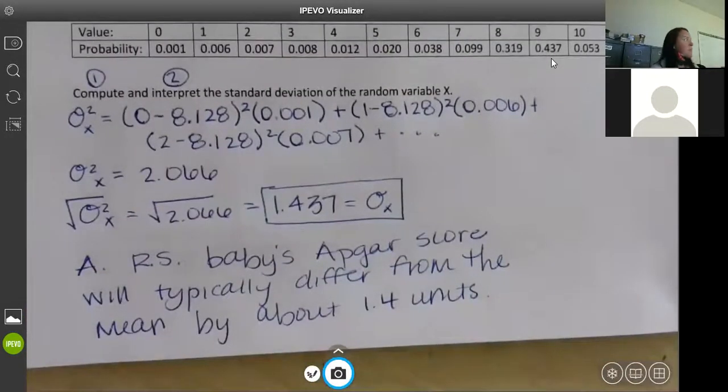This is the same interpretation that we had weeks ago. Okay, it's the same thing. Do you need to know how to interpret? Yes, you do.